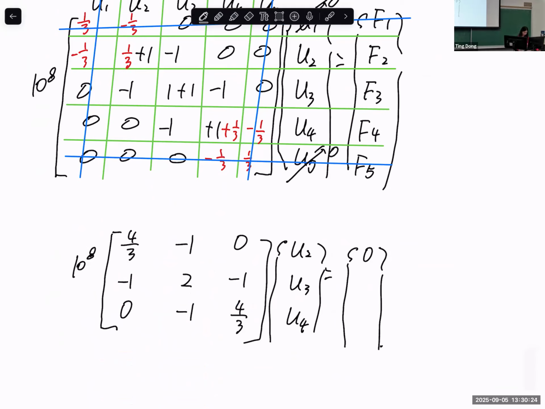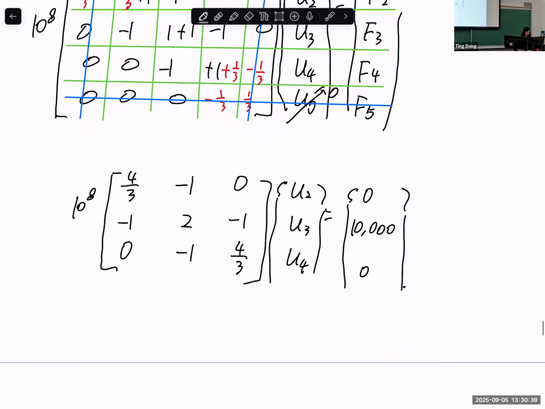So same thing here. It should be 0 at node 2, and given force applied at node 3, 10,000 Newton. I put everything in Newton and meter. So we can solve for U2, U3, U4. I use millimeter directly, 10 to the -3 meter.